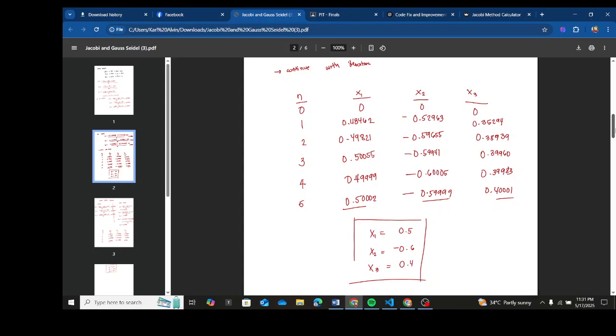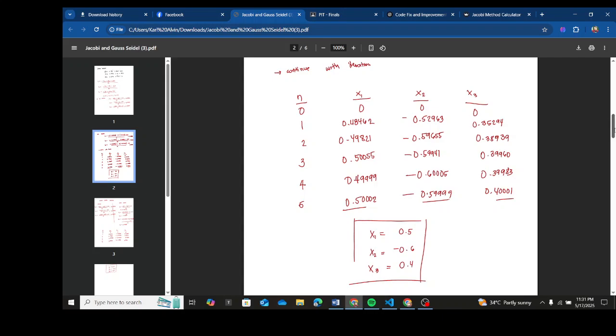So x sub 1 gives the answer in the 5th iteration of 0.5002, x sub 2 gets 0.5999, and x sub 3 in its 5th iteration gets 0.4001.